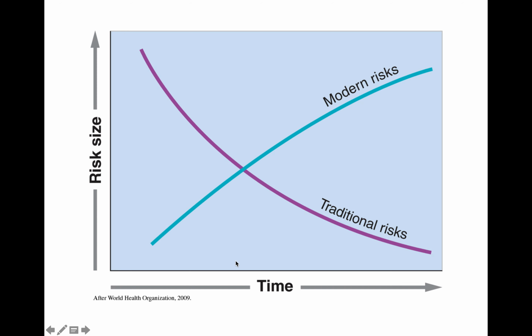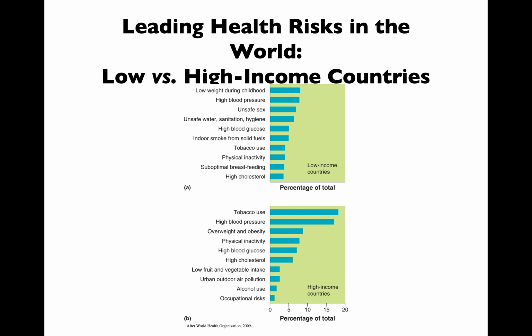I'm going to go to this next spot here. I'm going to skip a slide for now. But let's look at low versus high income countries for a minute. So if we look at low income countries and we see the percentage of total health risks, we notice high cholesterol is way at the bottom and low weight during childhood is way up at the top.